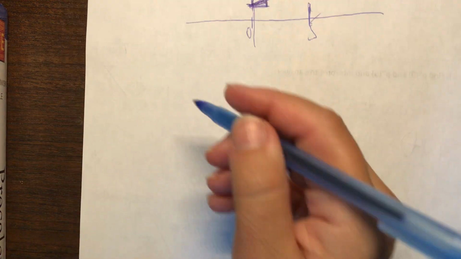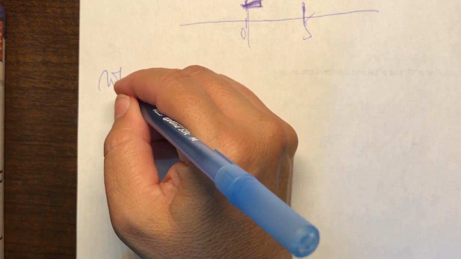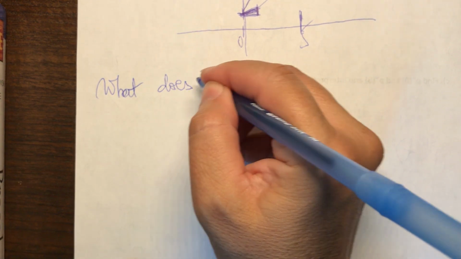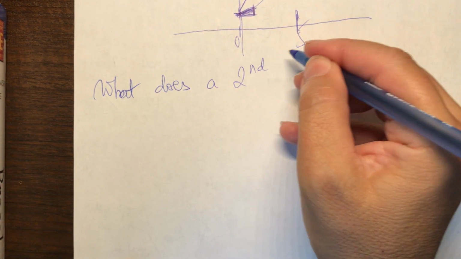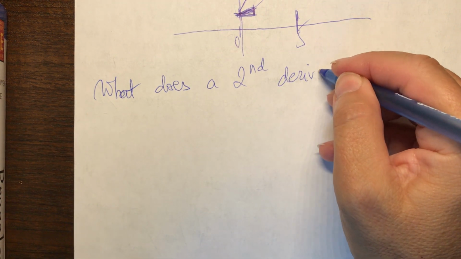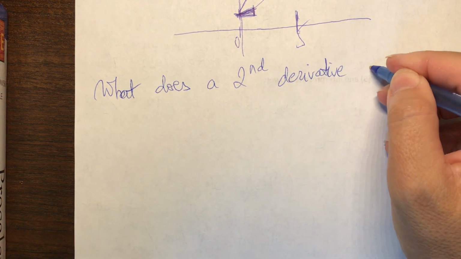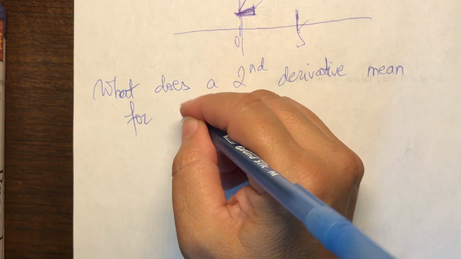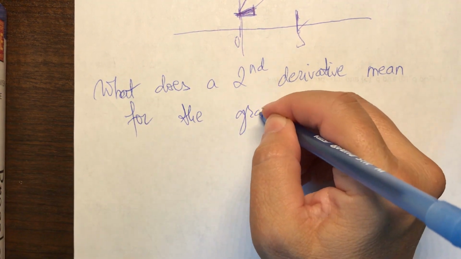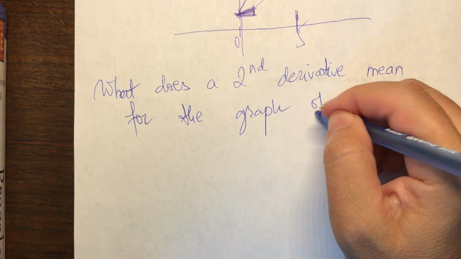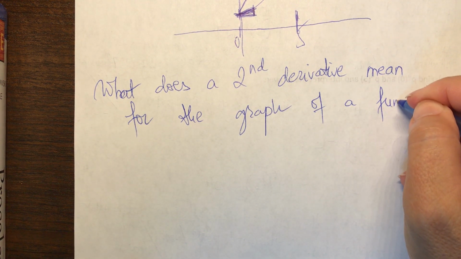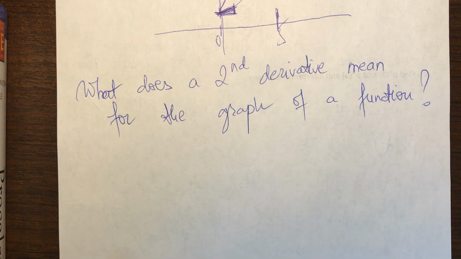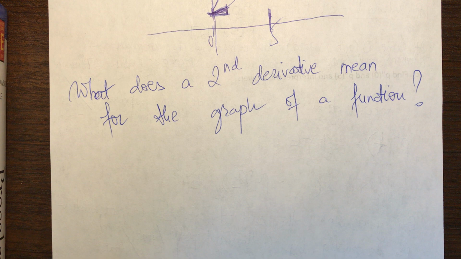What I want to give you to look forward to for chapter 2 is what a second derivative means for the graph of a function. That's how we will interpret this second derivative.